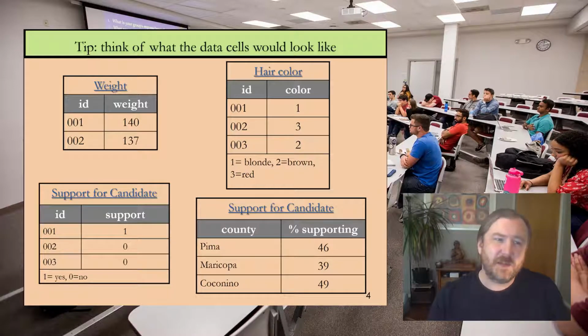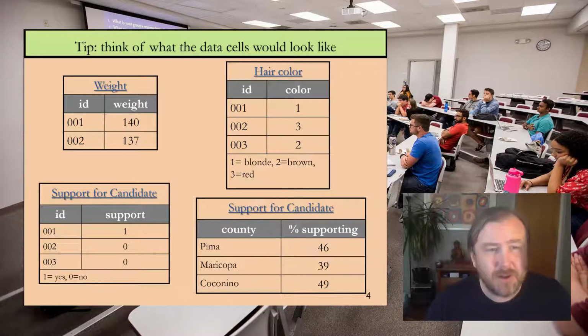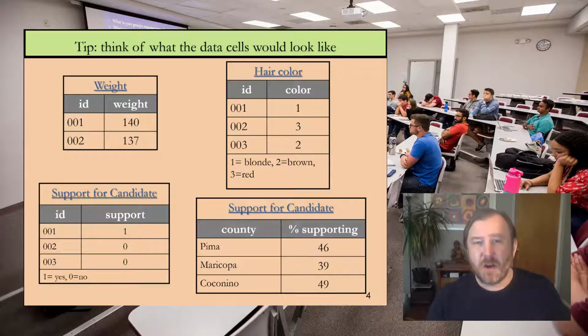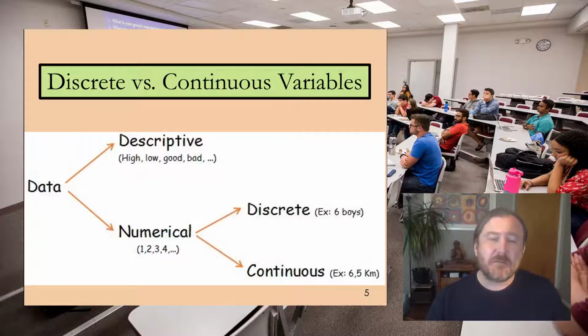This is an example of qualitative data. But we can also represent it in terms of percentage, where we look at the percentage of people in a given county, and in that case, that's going to be quantitative data. So we can further split this down.